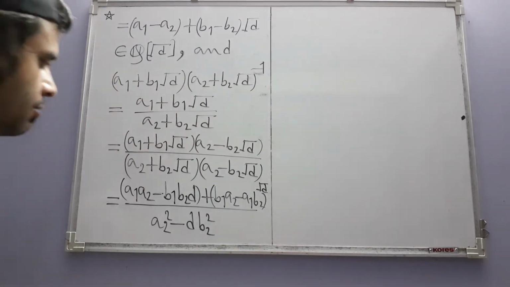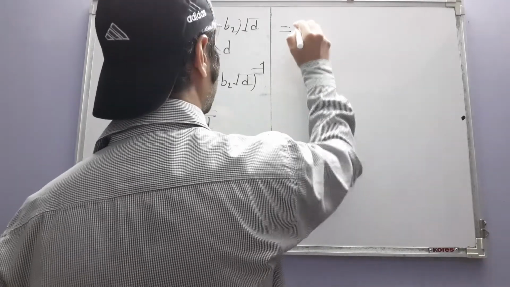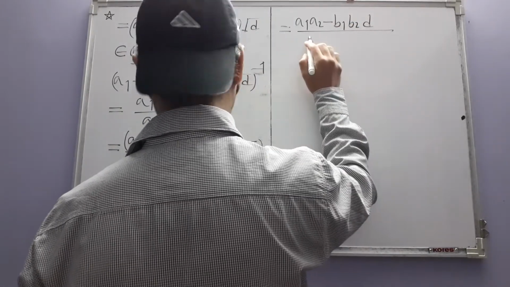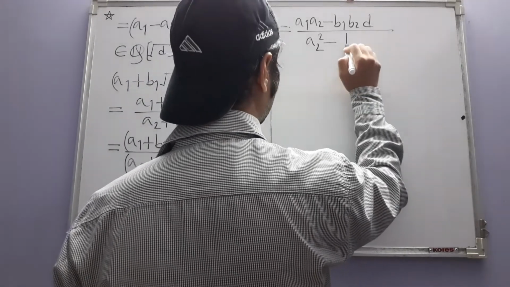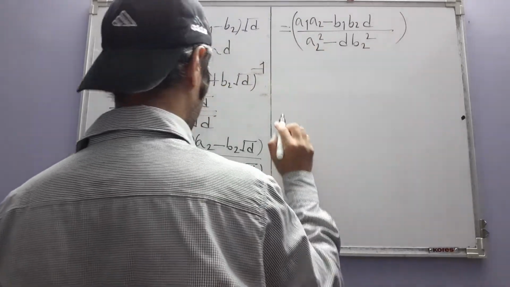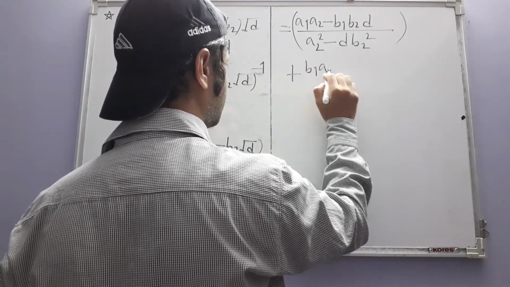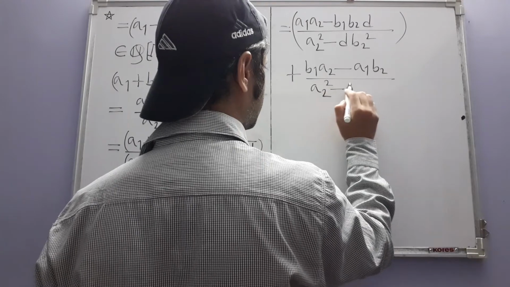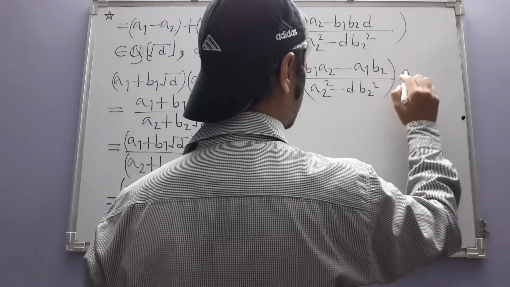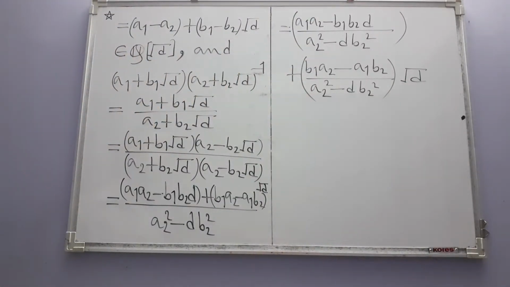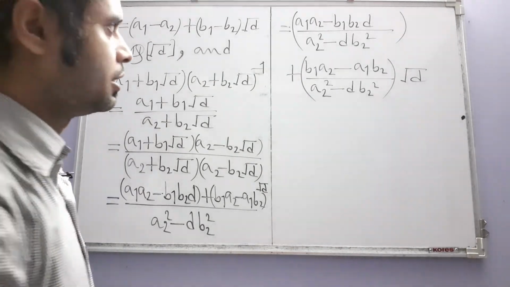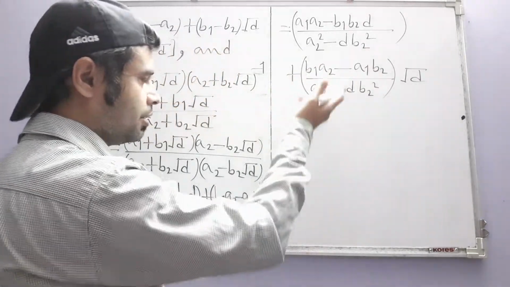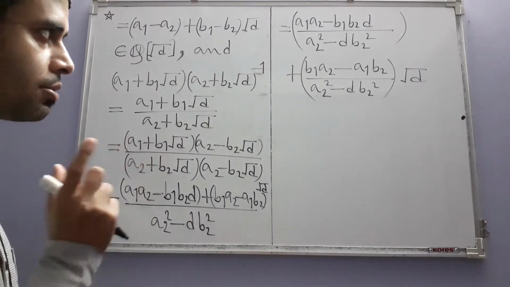Okay, now the final step in this calculation, we can write this entire thing like this: A1 A2 minus B1 B2 D plus B1 A2 minus A1 B2 divided by A2 square minus D B2 square times square root of D. Now because A1, A2, B1, B2 are all rational numbers, D of course is also a rational number, being itself a positive integer, and there is only one denominator, that is also a non-zero rational number.